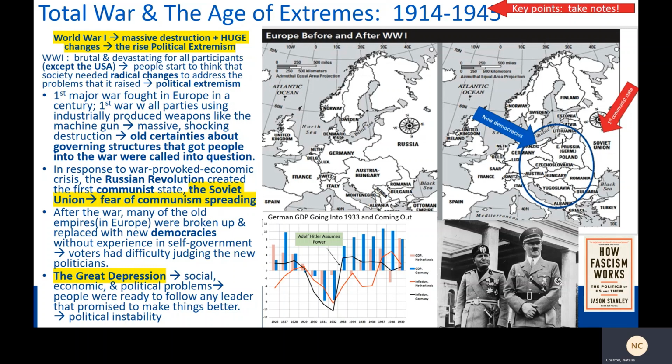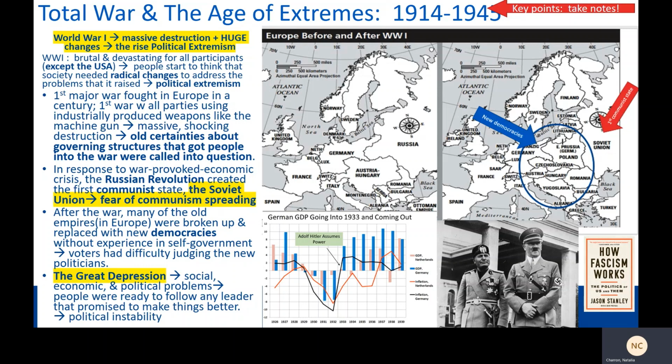World War I caused massive destruction and gigantic changes that society in Europe was not prepared to process. And this led to the rise of political extremism that would have incredibly harmful effects on people throughout the 20th century.